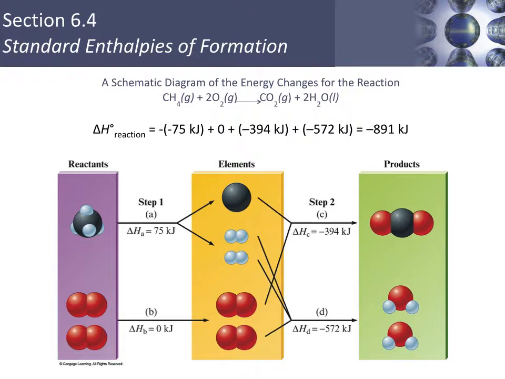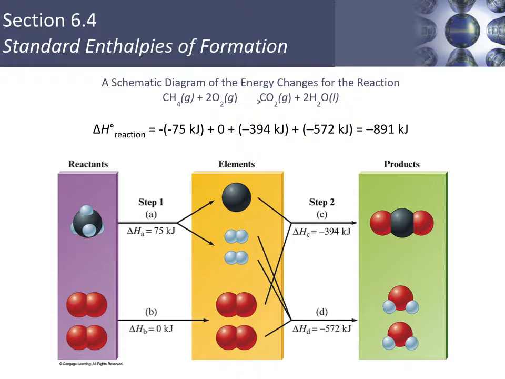Now if we look at the element stage, we have carbon that's going to combine with 2 of the oxygens, and that's going to form CO2. And you can see at step 2C, the amount of energy that is released when that happens is negative 394 kilojoules. So that is the formation from adding carbon to oxygen to make carbon dioxide.